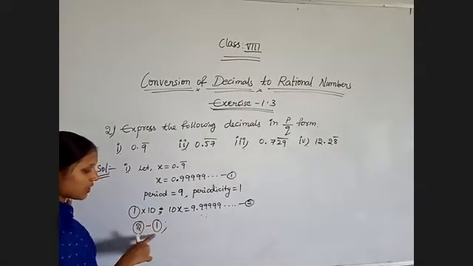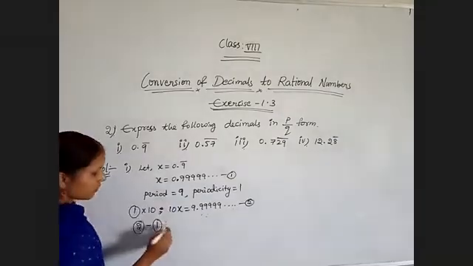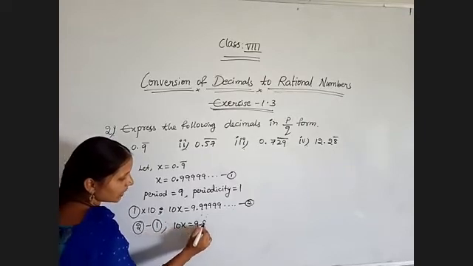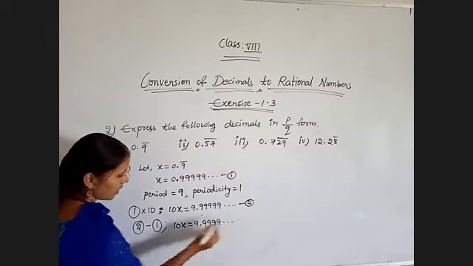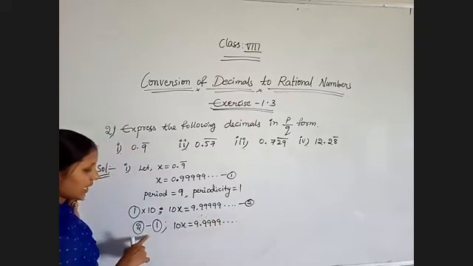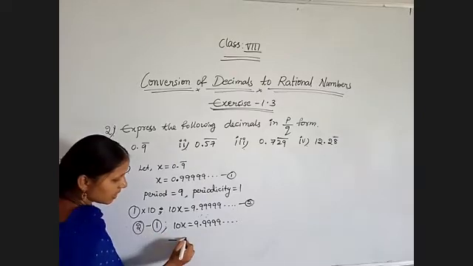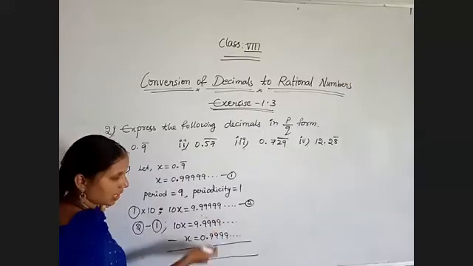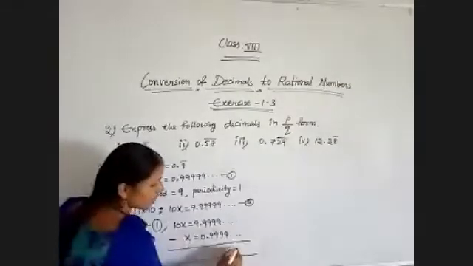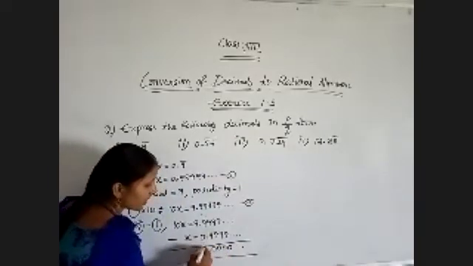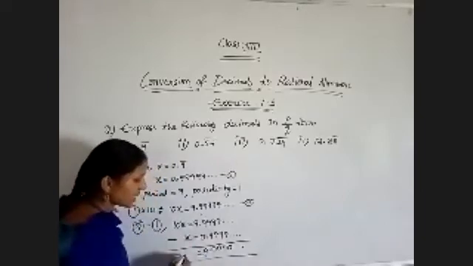Now do equation 2 minus equation 1. That is, subtract the first equation from the second equation. The second equation is 10x is equal to 9.9999 and so on, minus the first equation, 0.9999. 9 minus 9, 9 minus 9, 9 minus 9, all are zeros: 0, 0, 0, 0. 9 minus 0 is 9. 10x minus x is equal to 9x.